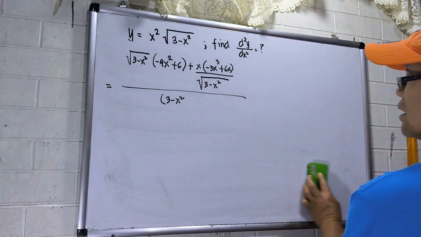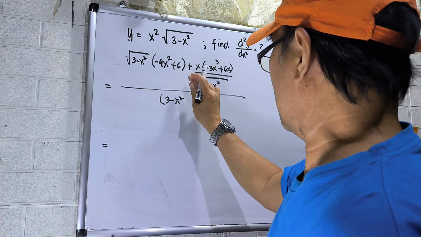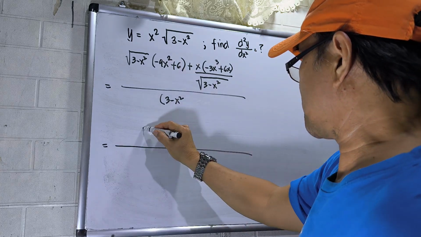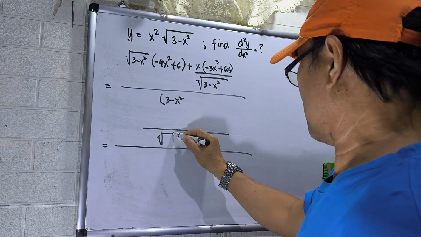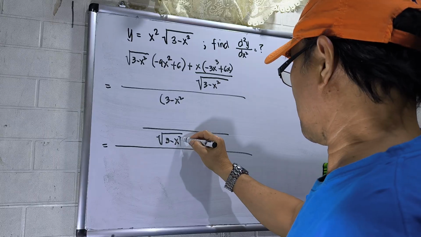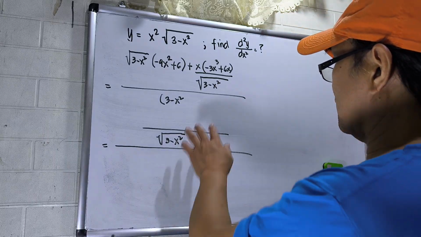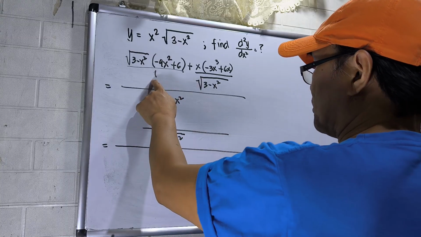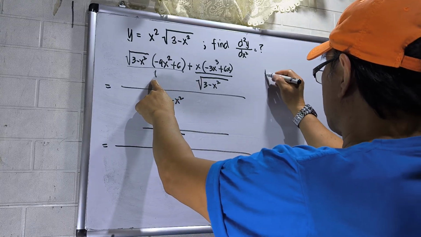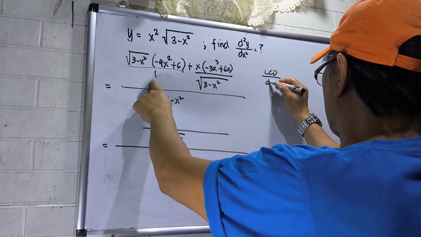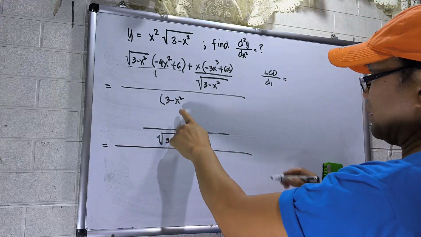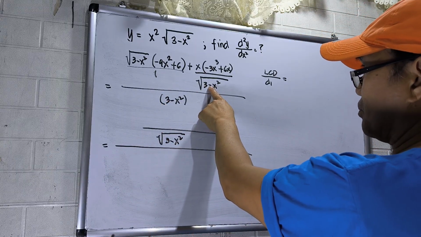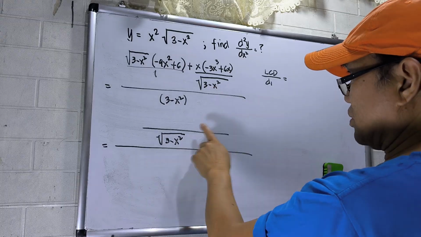So LCD for the numerator. So this will be square root of 3 minus x squared. Okay? So this will be 1 in here, right? Then divide, just like LCD, divide by denominator 1. So LCD will be this one, square root.